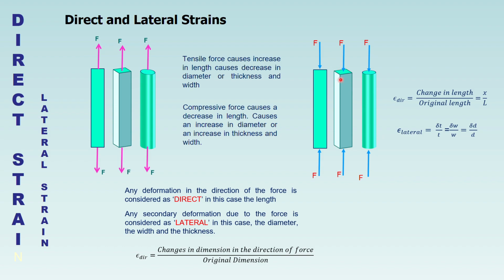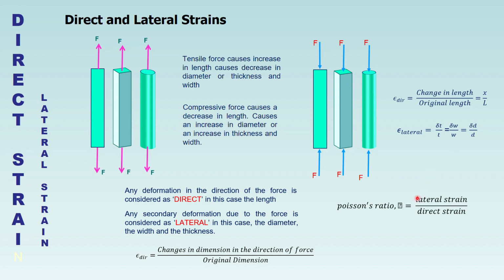So any changes in the width and the thickness will give you the lateral strain. Changes in thickness over original thickness, changes in width over original width, changes in diameter divided by the original diameter, all these cases will give you the same value of lateral strain, or secondary strain.